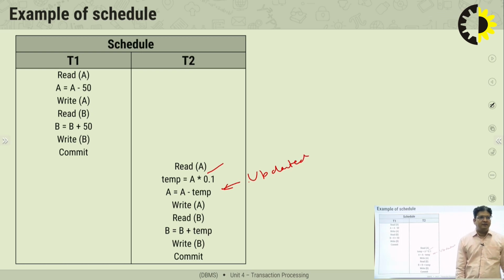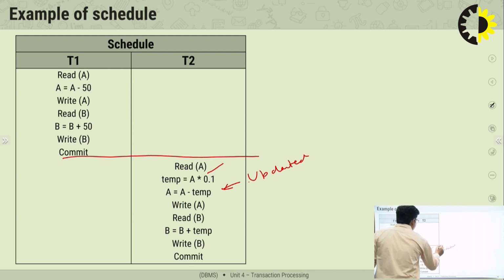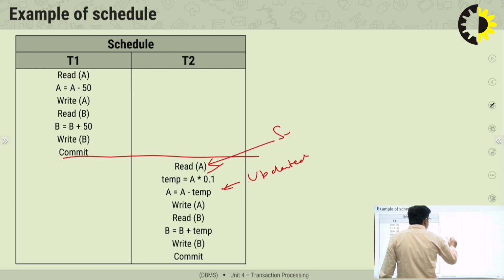Write A, then read B, B equals B plus temp, write B and then commit. So, here one transaction is completed, and after its completion, the other transaction is executed. This type of execution is known as serial execution.